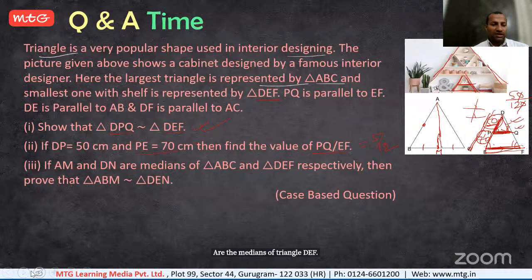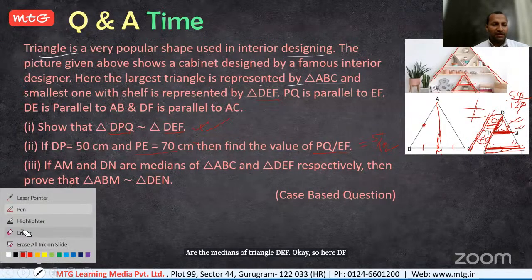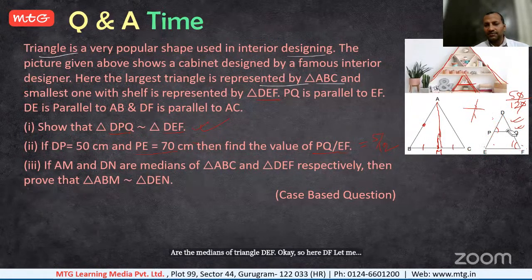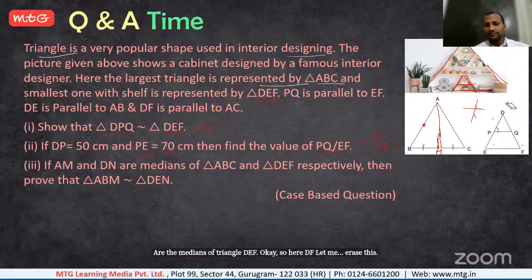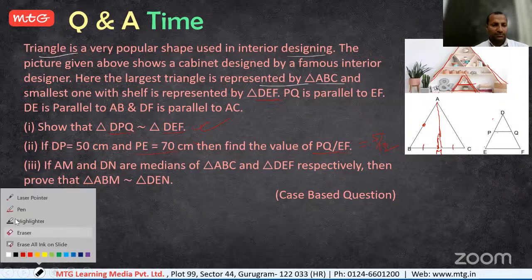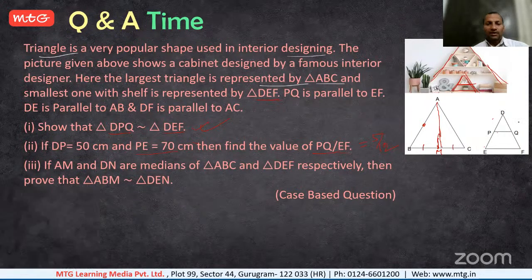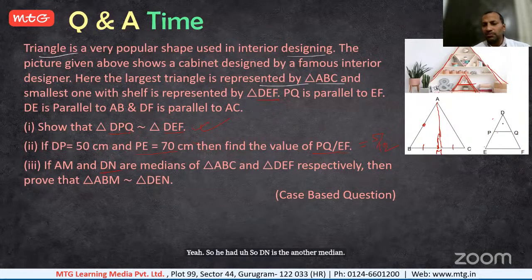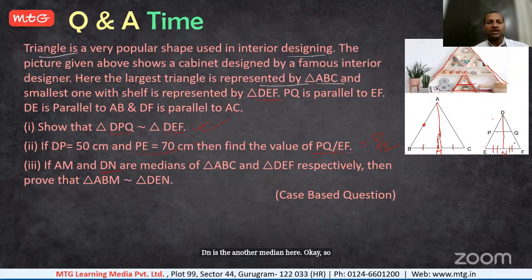Here DN is another median. So this and this are also equal.